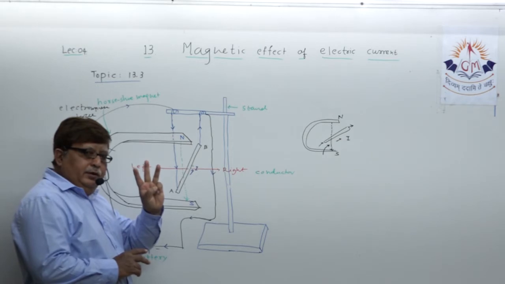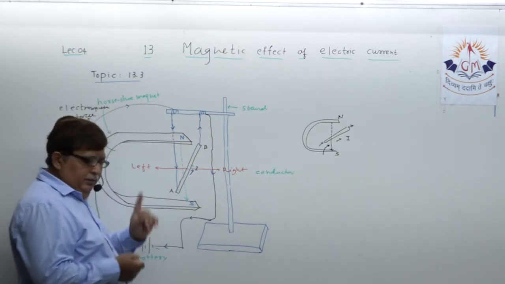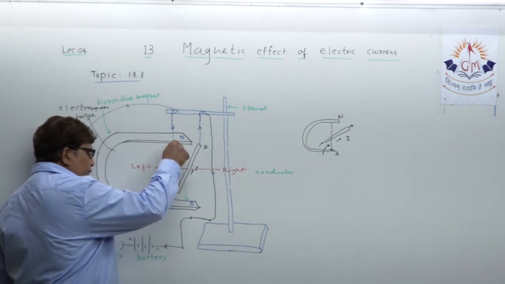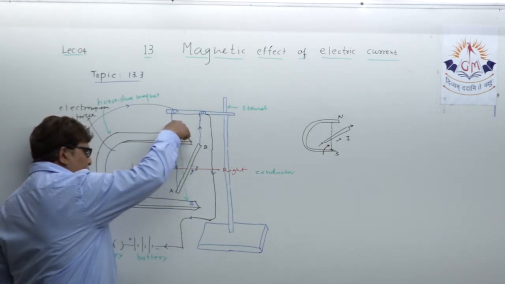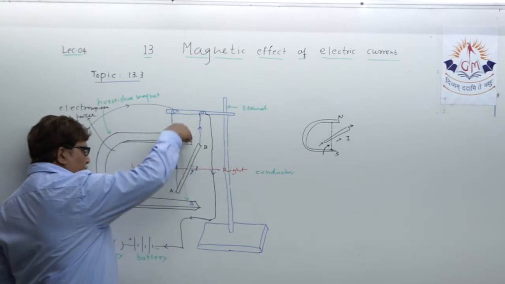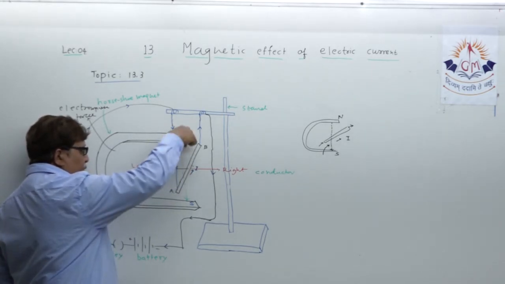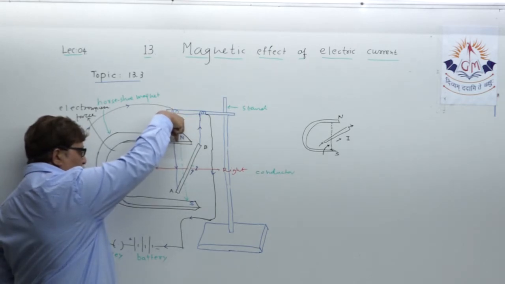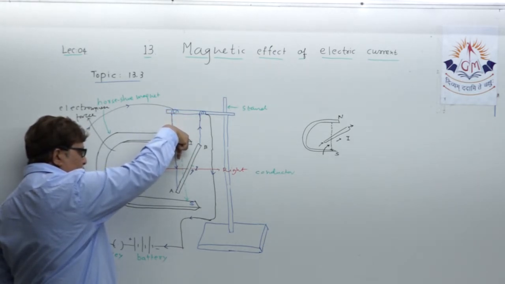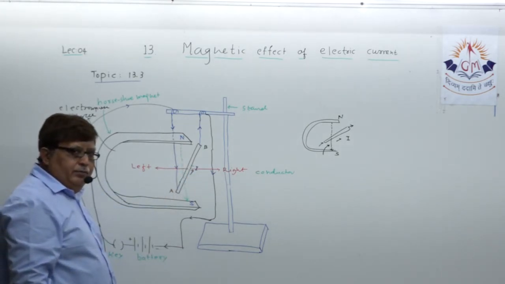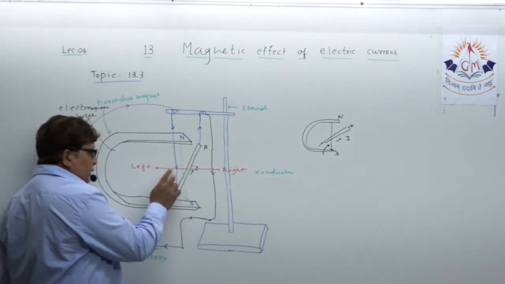Three physical quantities. One, magnetic field. The direction of the magnetic field is vertically downward, from north pole to south pole. This is the direction of the magnetic field.